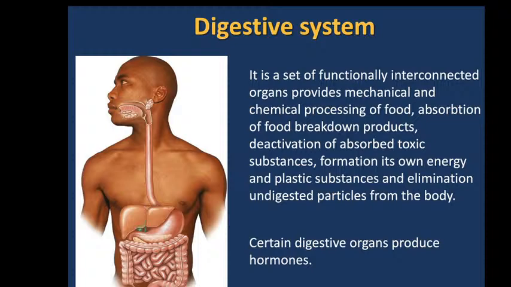The digestive system is a very ancient system. It means that in evolution it started to develop very early, and digestive organs process the food.